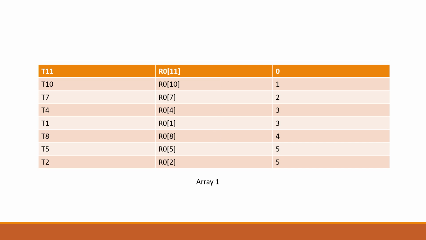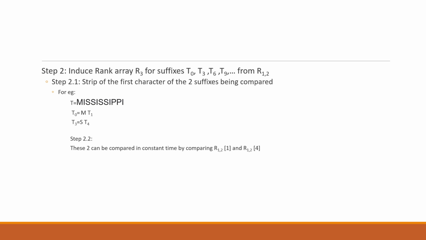So now here we have the sorted suffixes, and this basically gives us our first suffix array. The second step is to induce the rank for the remaining suffixes, the suffixes that are the multiples of 3. So here we basically strip off the first character. So in this case, let T, that is the text, be Mississippi, then T0 is stripping off the first character, the 0th character, and taking the rest.